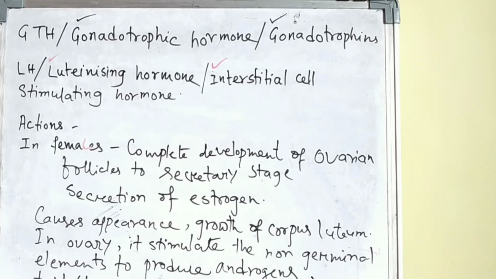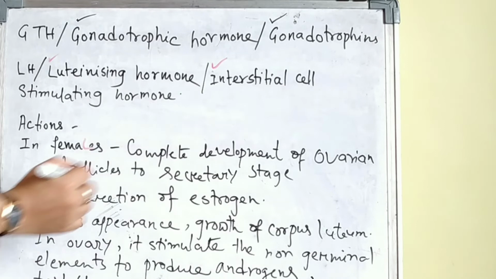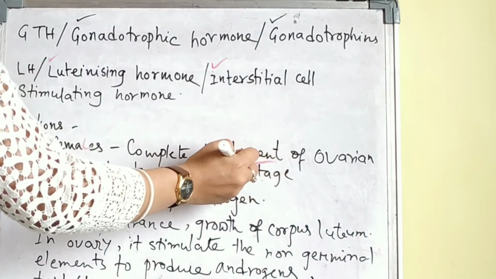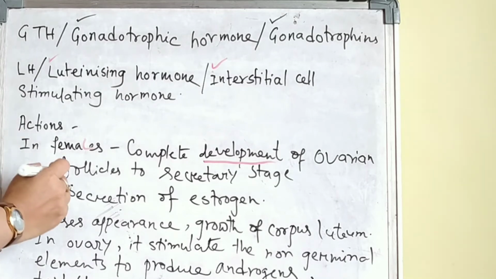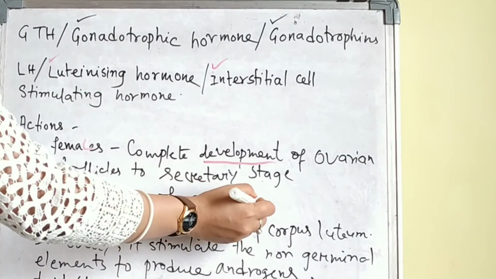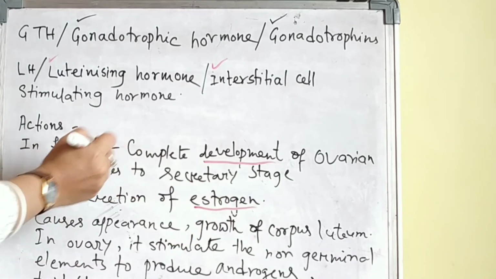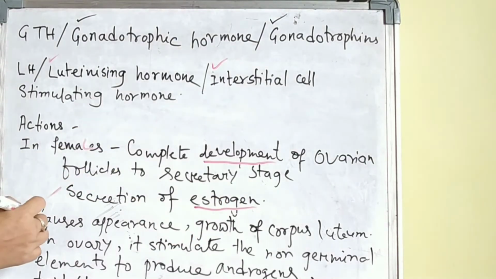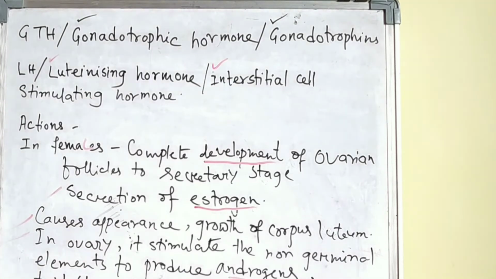Generally, the follicles are at different stages of becoming mature. LH helps in their development and in the secretion of estrogen, which is an important hormone of our body. It helps in the appearance and growth of the corpus luteum. In the ovary, it stimulates the non-germinal elements to produce androgens, testosterone, etc. These are some important functions of LH in females.